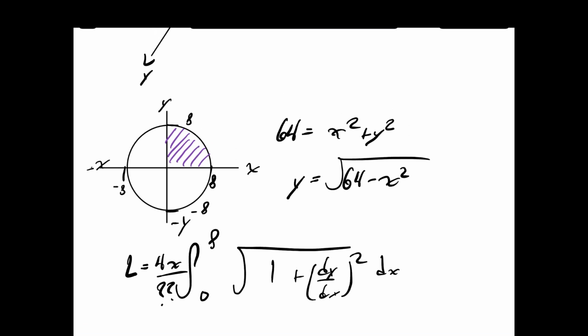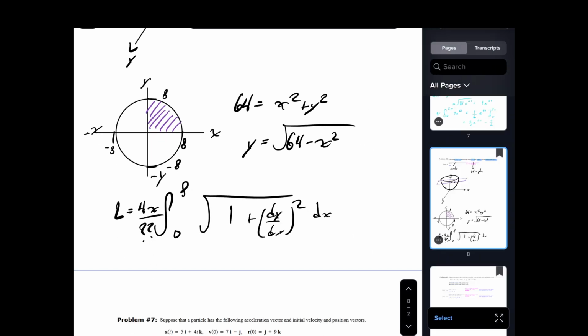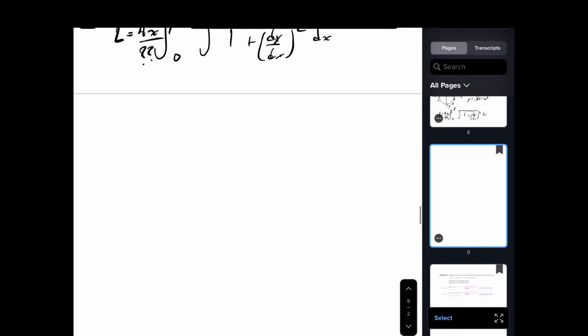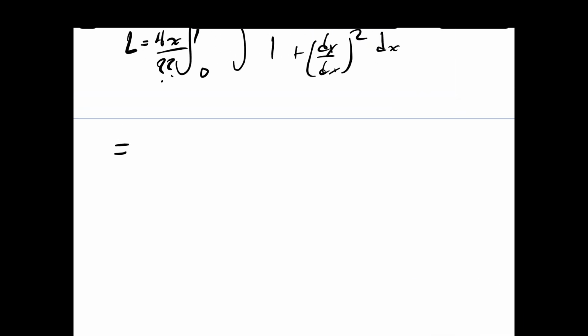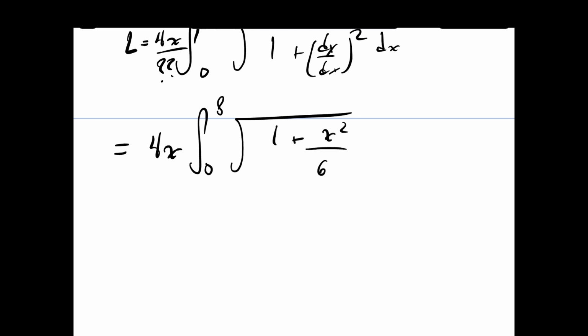And then he goes on to do some funky trig sub, but just for the sake of you guys, I'm gonna write that down. I don't know where he got some of this stuff, and if someone can help me understand that, God bless you. 1 plus x over 64 minus x squared.